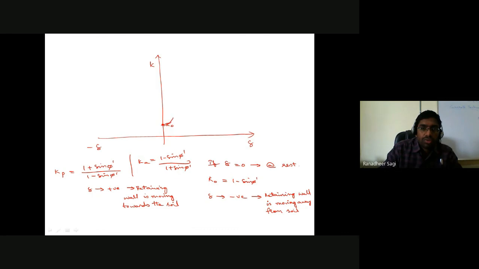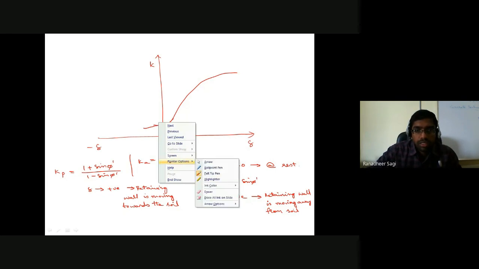So if I just want to understand, this is how the variation in that profile would be. And in this case, it would be like this. Let me erase it and once again draw it.